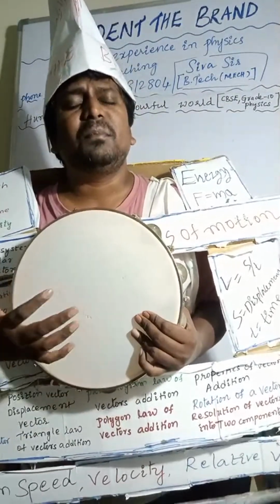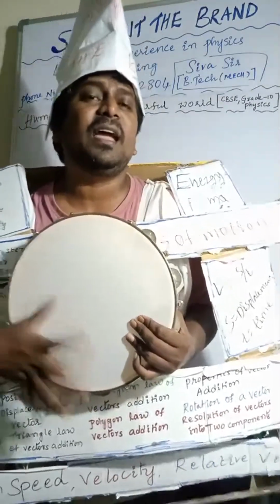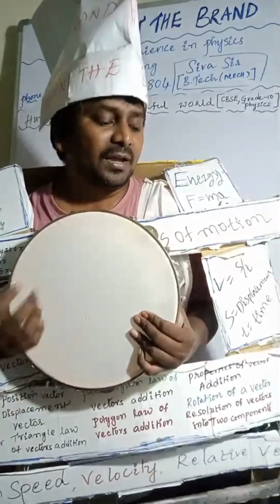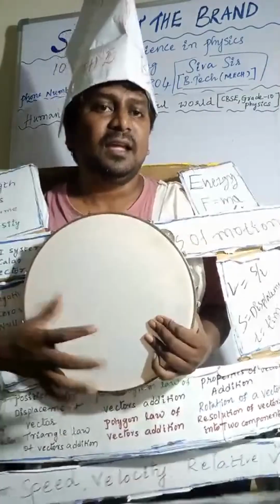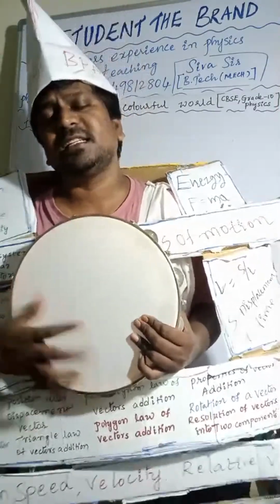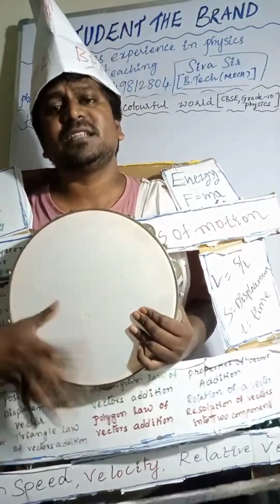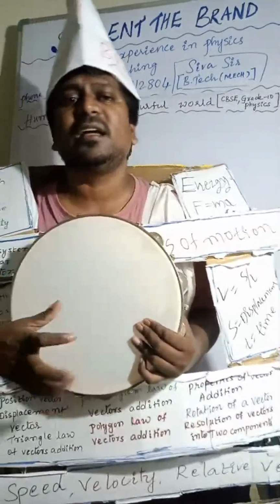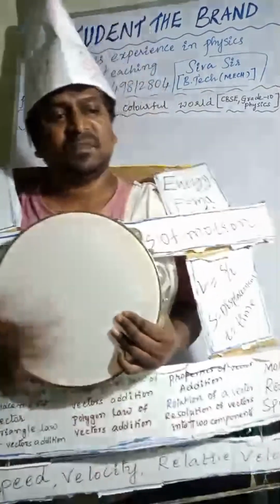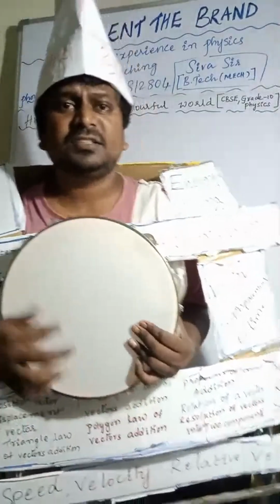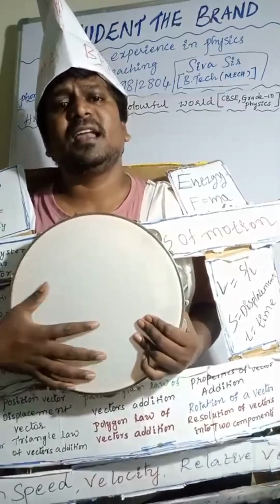My myopia, myopia, myopia. Myopia, myopia, myopia. Near distance we can see, far distance we can see. For that correction, further correction, further correction.